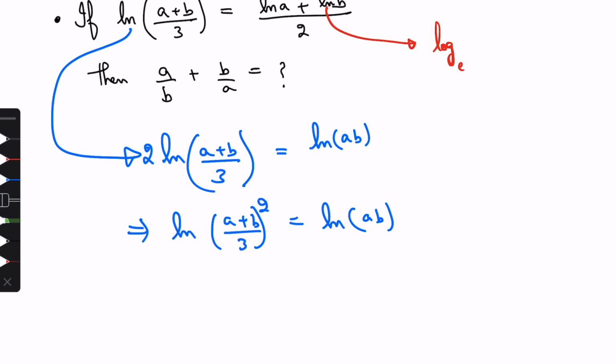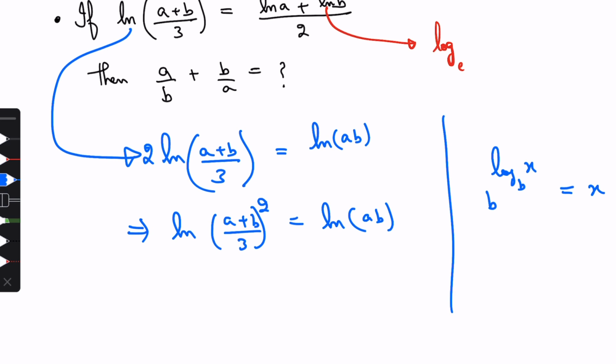We'll just apply the base. We have the property that b raised to the power log of x base b is just x. So whenever the bases match, they cancel out each other and we are left with only x.